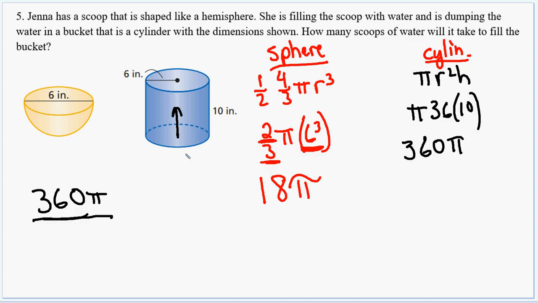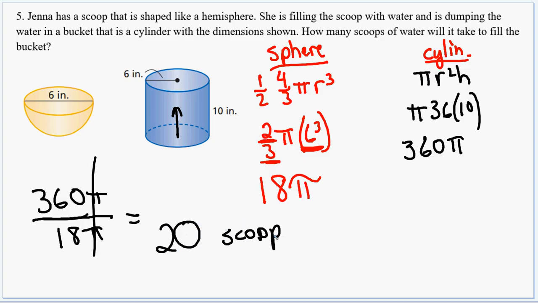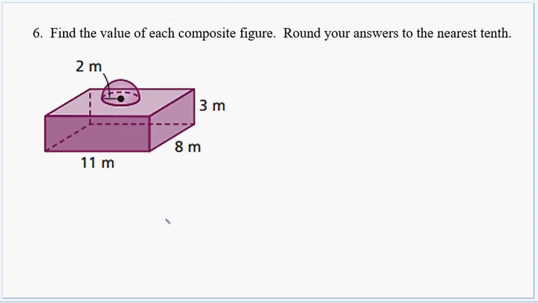And we're going to divide that by our scoop. That's 18 pi. And the pi's will cancel. And 360 divided by 18, that turns out to be a perfect 20. So 20 scoops. All right. Number 5. Done.